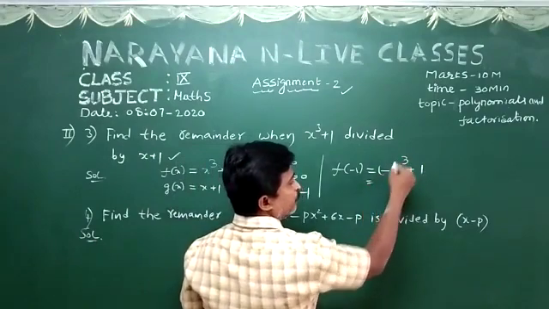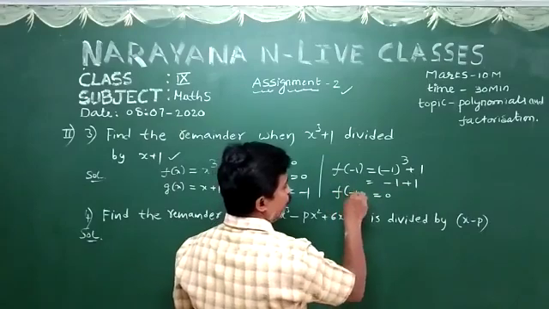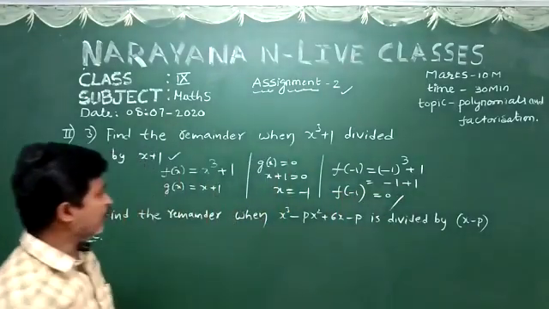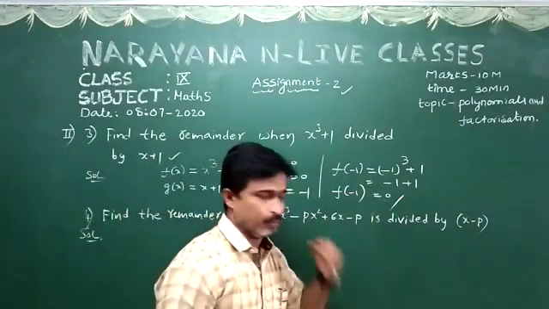A negative number to an odd power gives negative, plus 1, which is equal to 0. Therefore the remainder of x cube plus 1 divided by x plus 1 is 0.